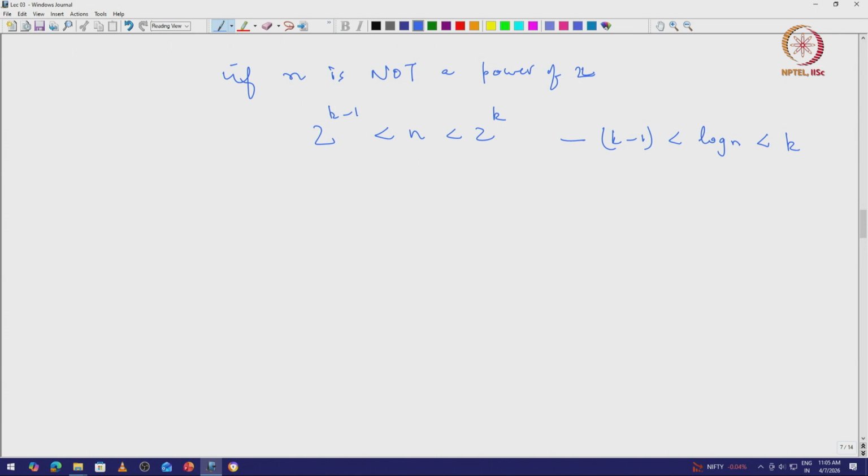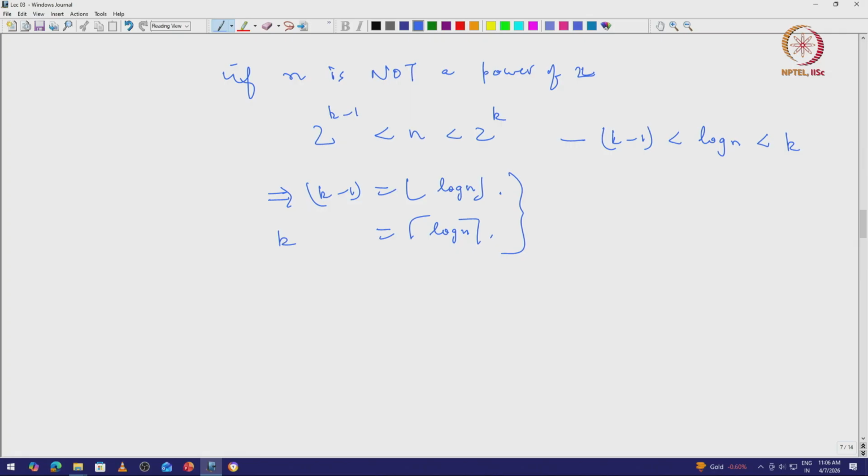This means k minus 1 is equal to floor log n and k is equal to ceil log n. Because it is strictly between two integers; this is not true when one of them is an integer. Therefore, k minus 1 is floor log n and k is ceil log n.